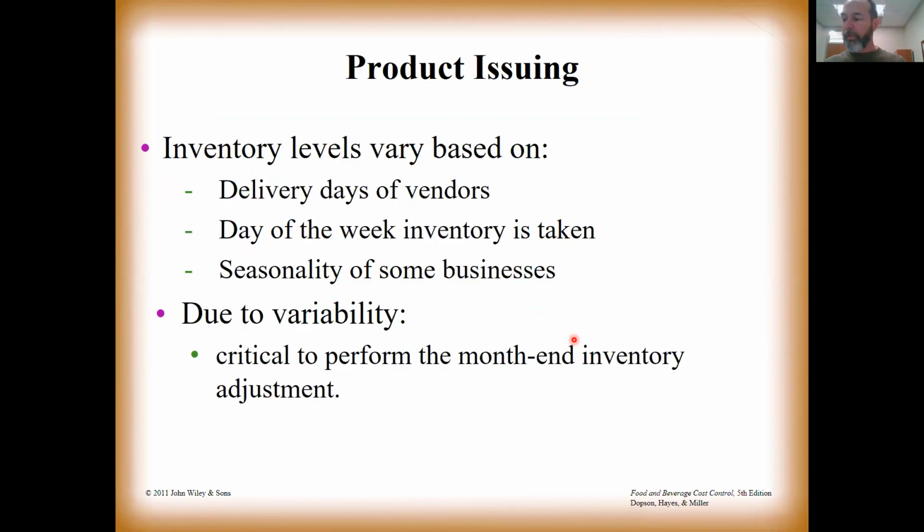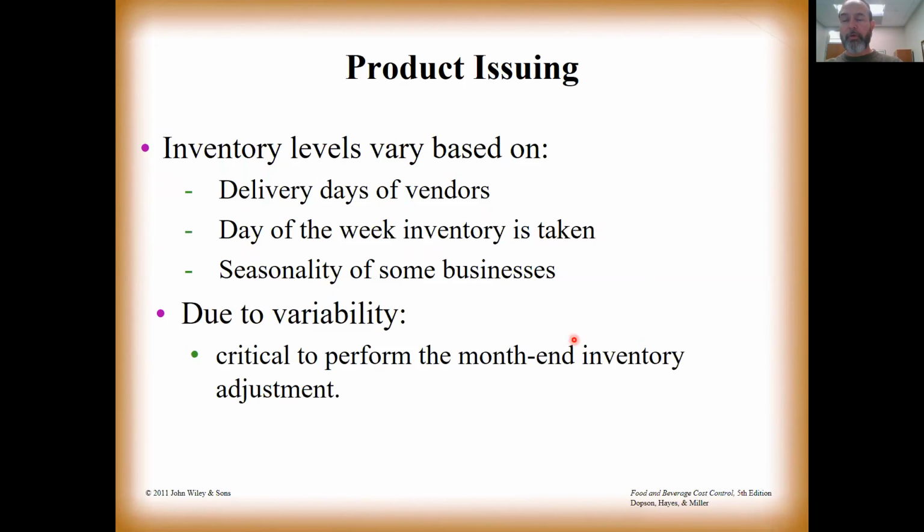Now, we hope that we can maintain our inventory at levels that will not impact our customers very much. But it does happen, it does exist, and there are particular reasons that the inventory varies. Here are a few. As we said early in the course, a perpetual inventory must be verified or adjusted with a physical count.